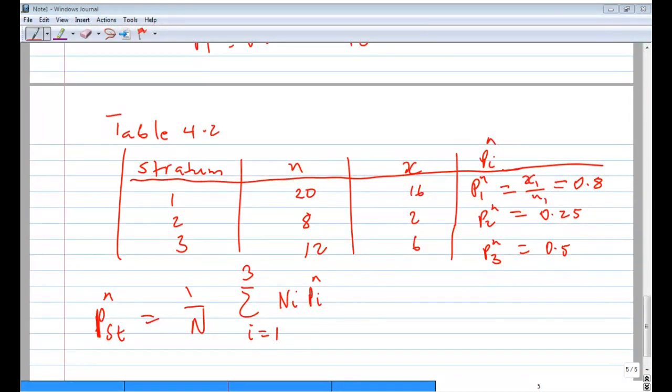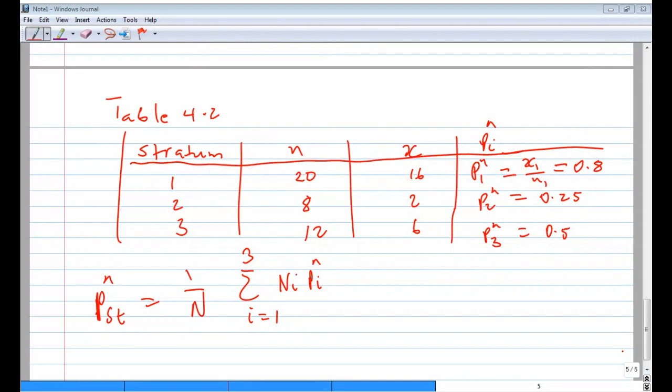So in other words, we are going to find what? We have to find N_i P_i hat at first. Okay. Which is equivalent to what?